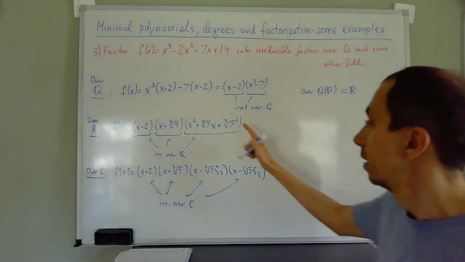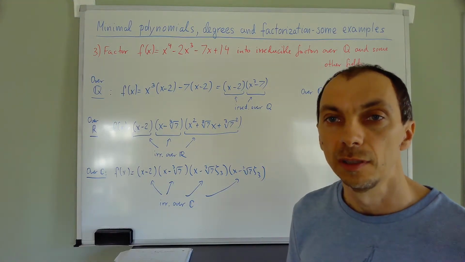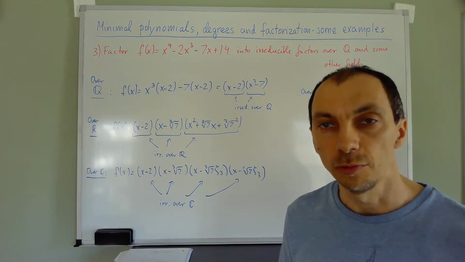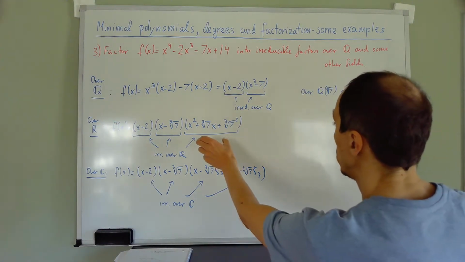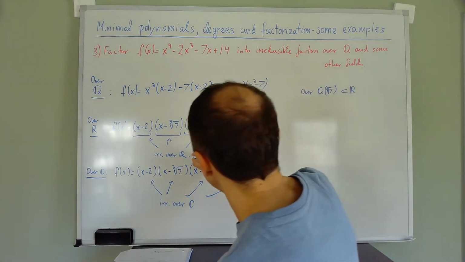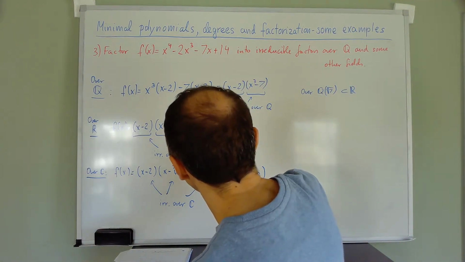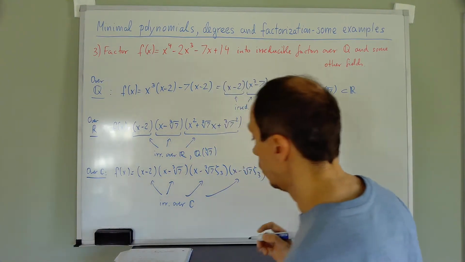So that means this thing does not have any roots in Q adjoin cube root of 7, because its roots are non-real. So this polynomial is irreducible over Q adjoin cube root of 7. So this factorization is actually valid also over this field.